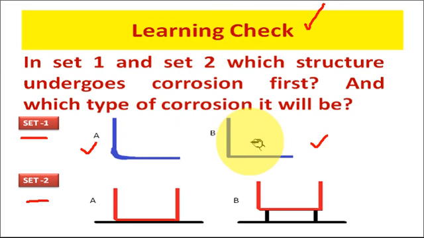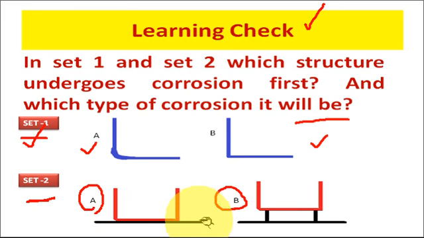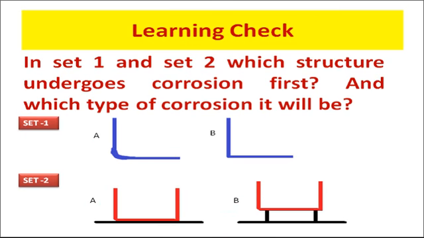And if it undergoes corrosion, which type of corrosion will it be? Similarly, in set 2, figure A and figure B, which structure will undergo corrosion first and which type of corrosion will it be? Okay, I hope you understood the question.